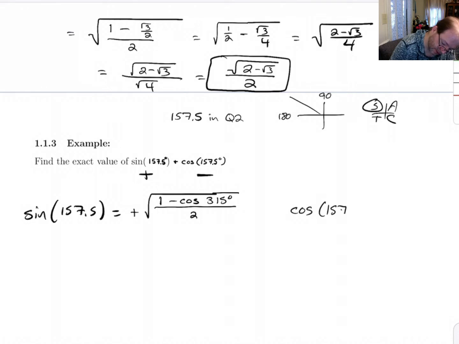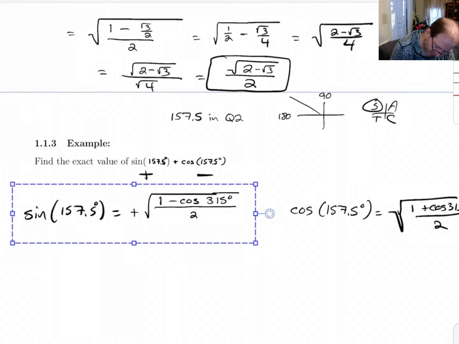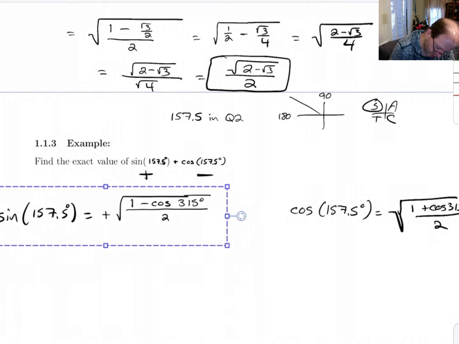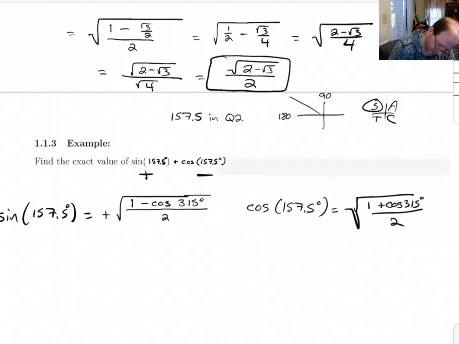Cosine of 157.5 degrees is going to be negative square root of, let's make that a big square root, 1 plus cosine 315 degrees over 2. Let me slide all this stuff over a bit so that it's all on screen. So we've got that and this. We'll do both of these together.